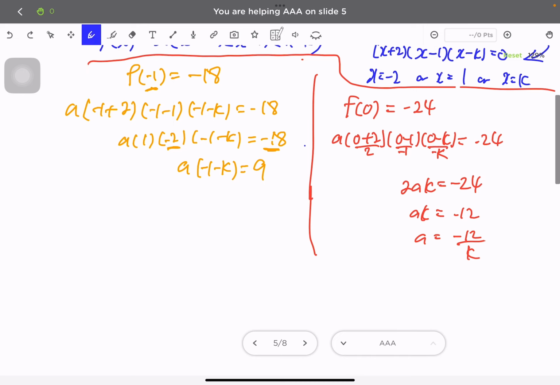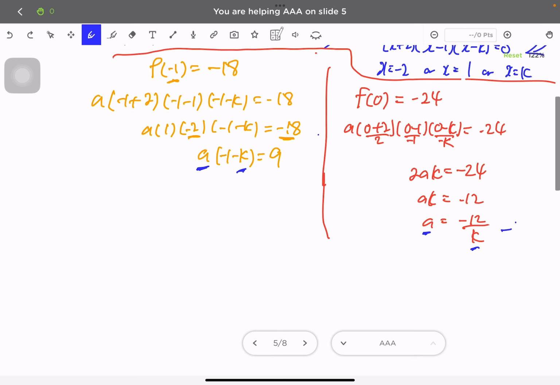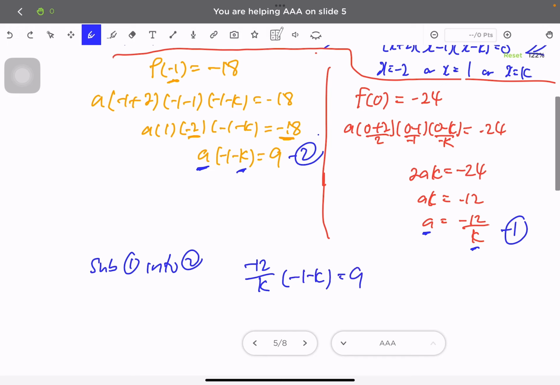Because there are two unknowns, there are two equations now. I just need to sub my equation 1 into my equation 2. So I'm substituting a as minus 12 over k: minus 12 over k, times (minus 1 minus k), equals 9.